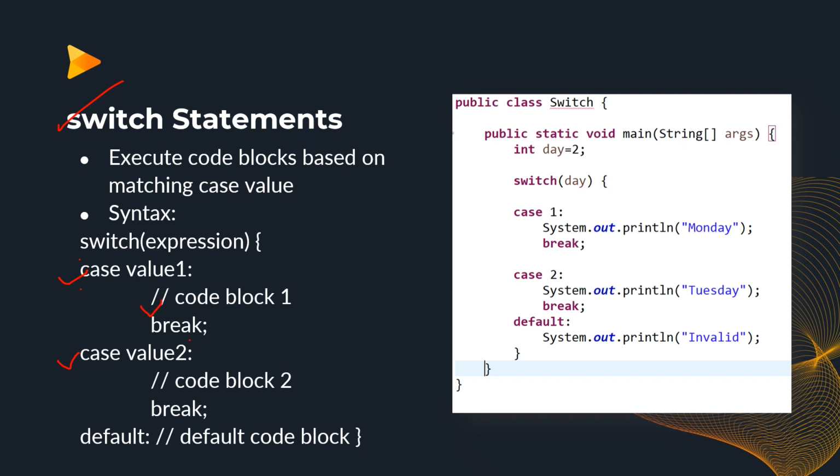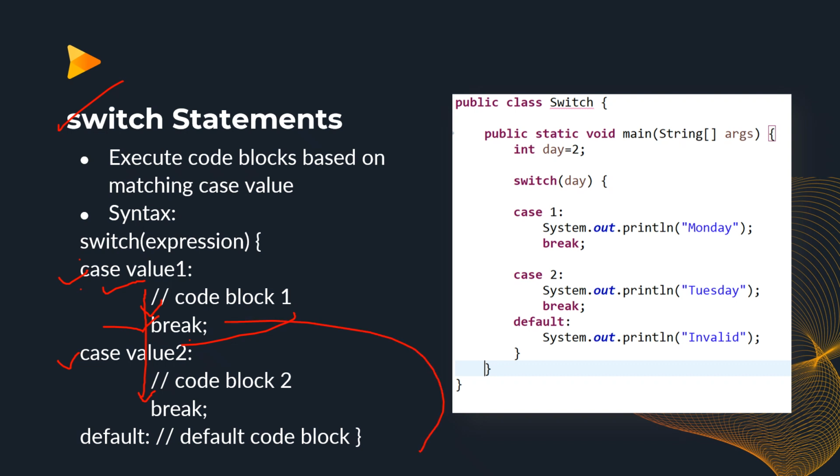And after executing that code, we have used the break keyword. So why do we use break? Because whenever this value is matched with the expression, it will execute the whole code and will not stop, it will execute all of the code after that. But when we use the break keyword, it will not execute the other blocks of code, it will just perform this, and it will break and go out of the switch.